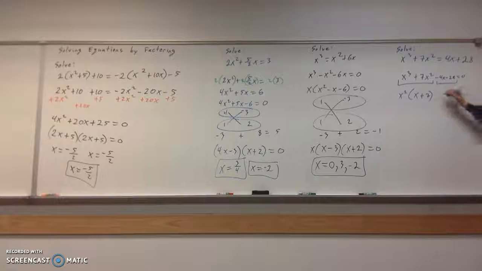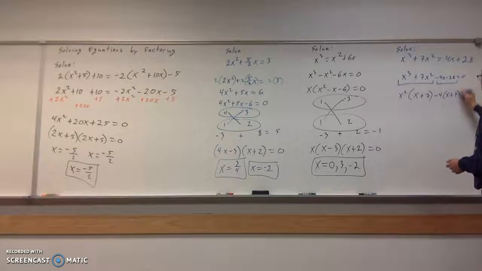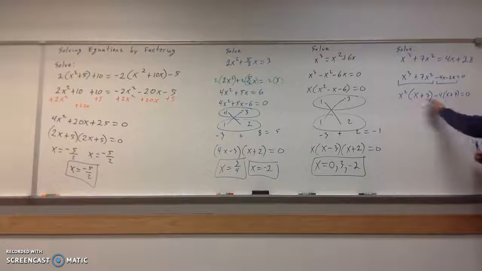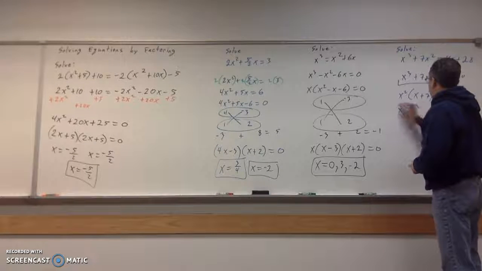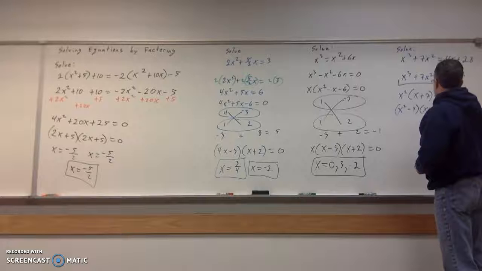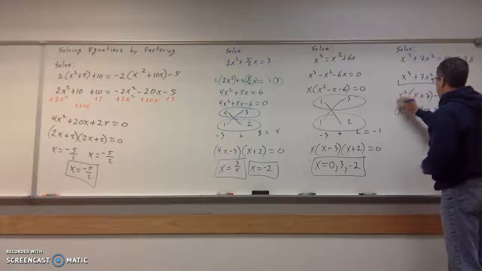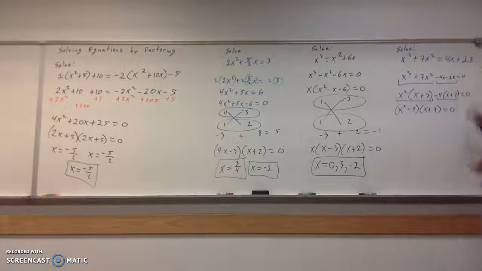Okay? So in this case, a minus 4. And that'll give me an x plus 7 there. Equal 0. So in parentheses, they need to match up, and they do. If they don't, then you messed something up, probably on the second. So now we're looking at x squared minus 4 as one factor, and then x plus 7 as the other factor, right? Because I've got 2 terms at this point, both having an x plus 7 in common.